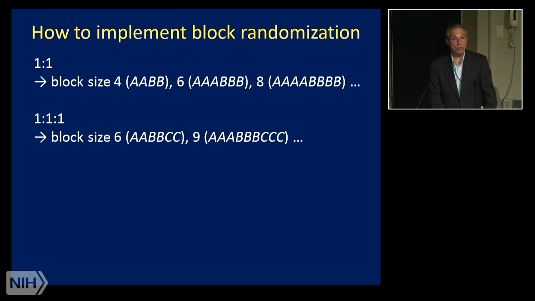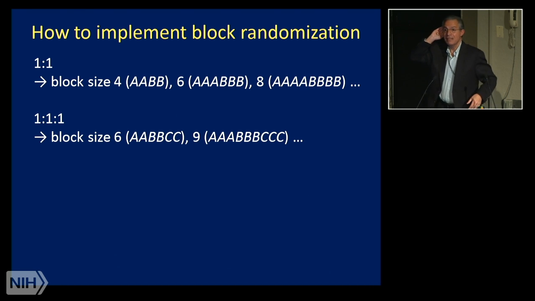If you have a 1-to-1-to-1, then you can't have a block size of 4 because that's not divisible. You have to have a block size of 6 with 2 A's, 2 B's, and 2 C's, and then all possible permutations of those. And if you want more than 6, then you go to the next one with a block size of 9, and then it's 3 A's, 3 B's, 3 C's, because it's a 1-to-1-to-1.